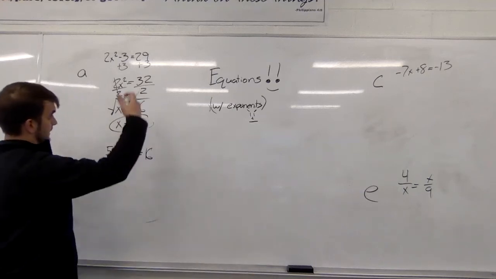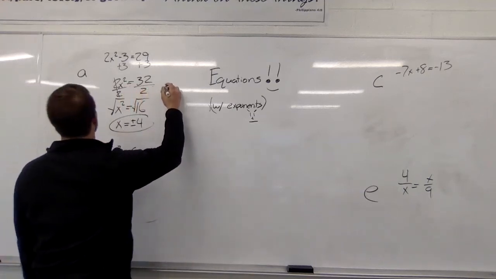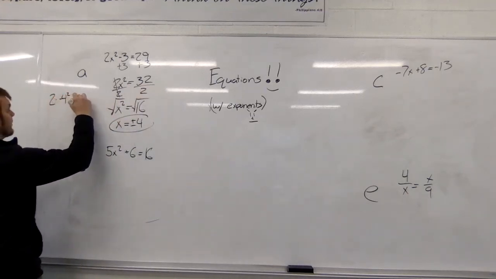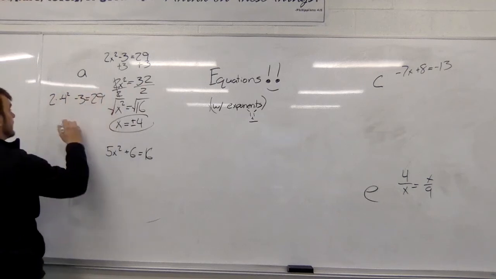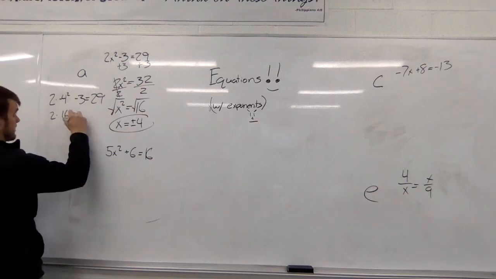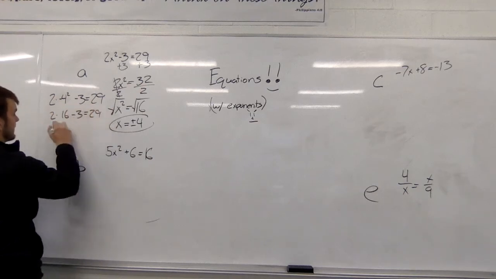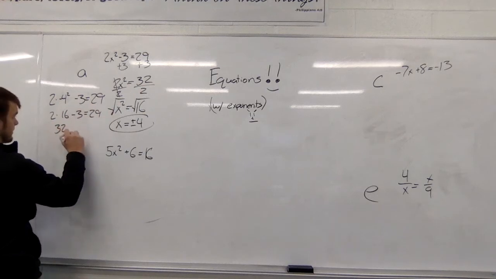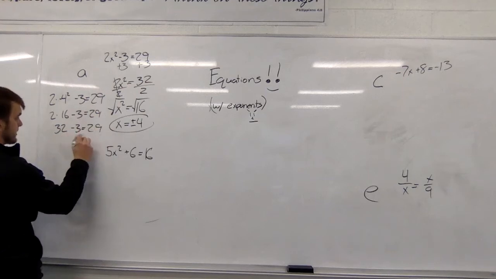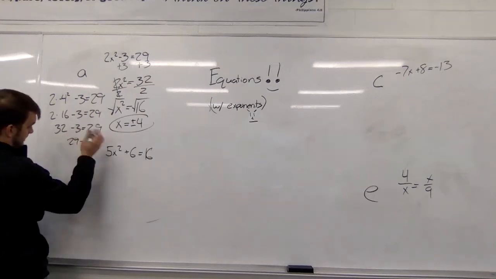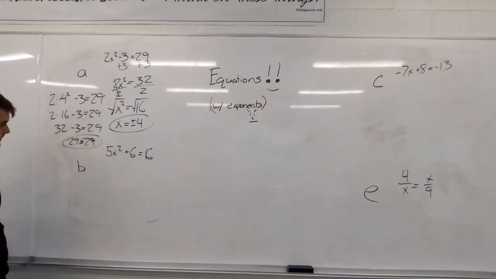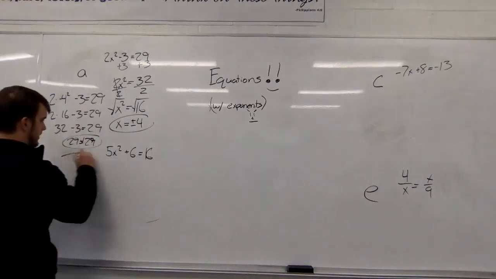I'm just going to pick negative 4, plug it back in the equation, see if it works. 2 times negative 4 squared minus 3 equals 29. Negative 4 times negative 4 is 16. 2 times 16 is 32. 32 minus 3 equals 29. 29 is equal to 29. That works.